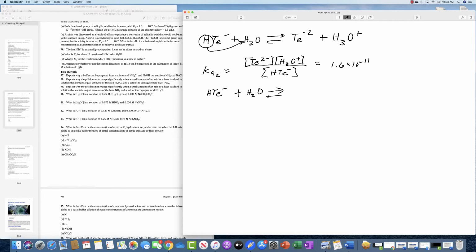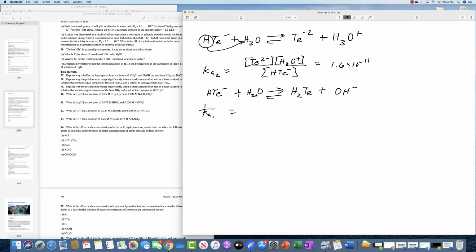So in this case, if it functions as a base, it accepts a proton from the water, and you have this. So this is going to be the same as, if you look at the backwards reaction, the same as 1 over the Ka1.